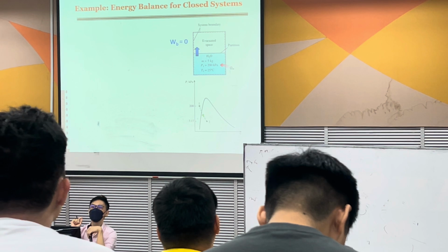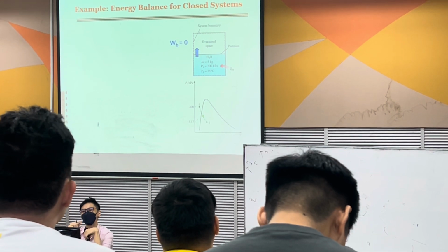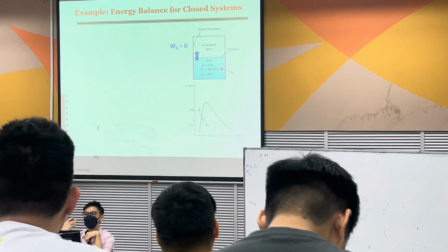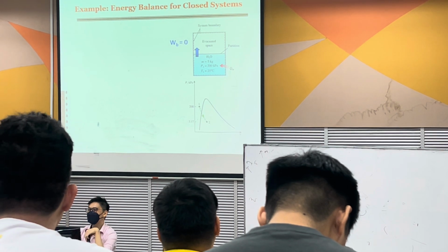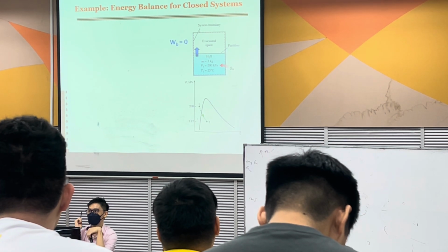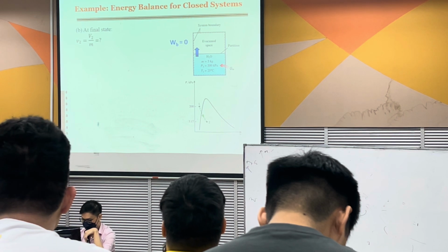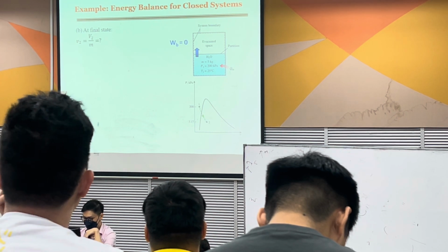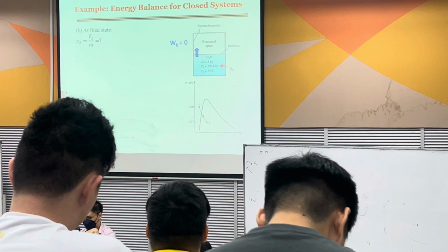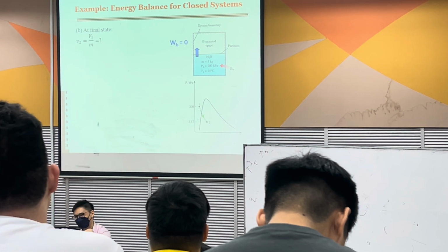The other thing that we know is from part A, we know the volume. So knowing the volume, you can find the specific volume for state 2. So you divide the whole thing by 5 kg again.